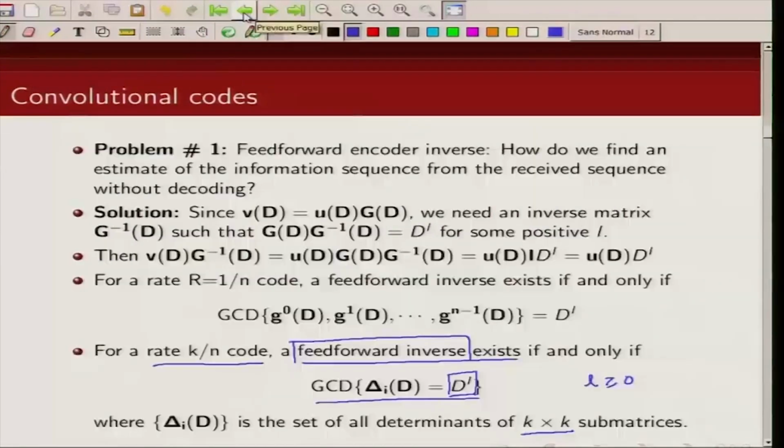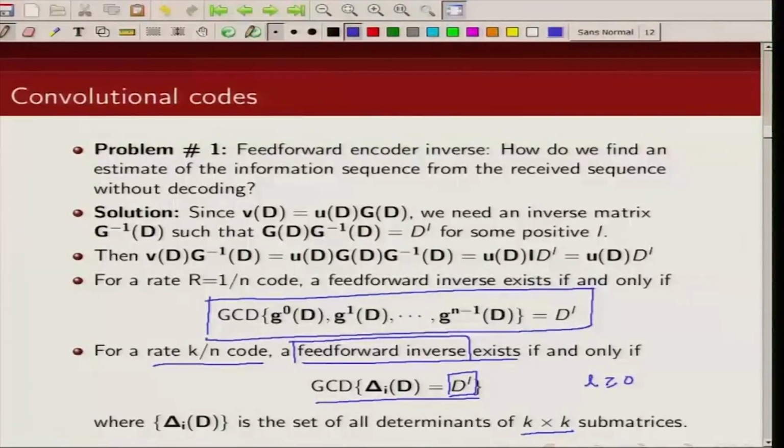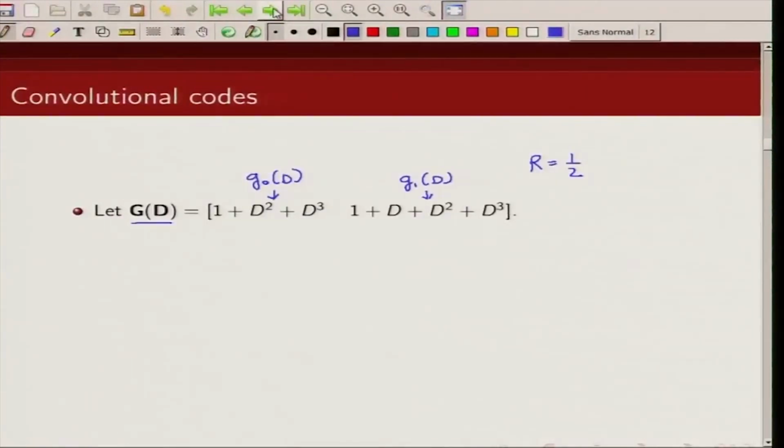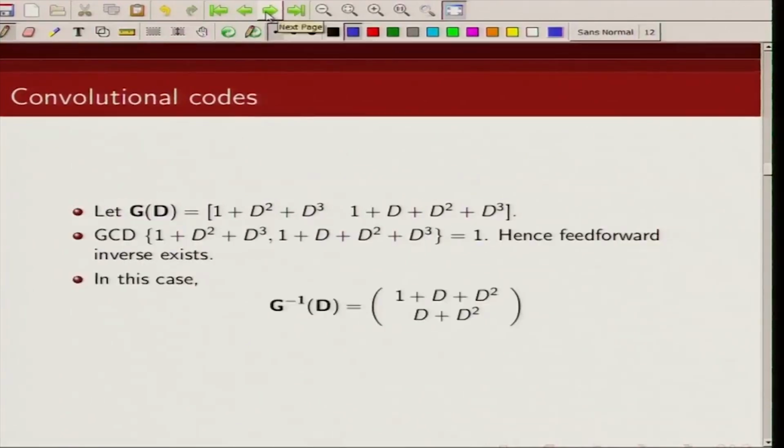If we go back and look at our condition for the encoder inverse to exist, this condition is satisfied. So, this particular code will have a feed forward encoder inverse, and in this case the feed forward inverse is as given. You can check that G(D) times its inverse will be 1.